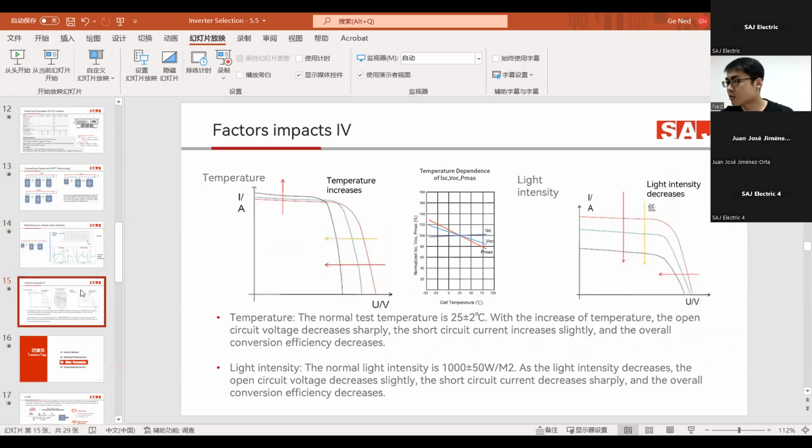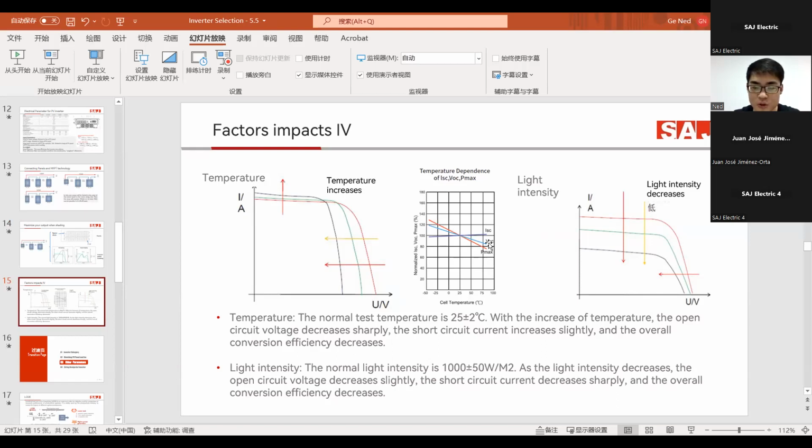Next part is the factors that impact the PV system. As we all know, the PV panels offer the power generation, and the inverters help to convert. But when the temperature goes really high at your solar plant, the output power can decrease.